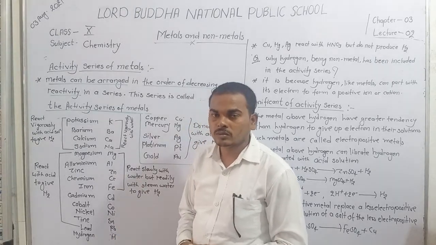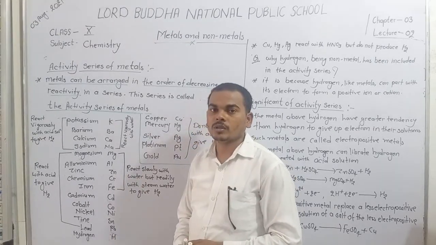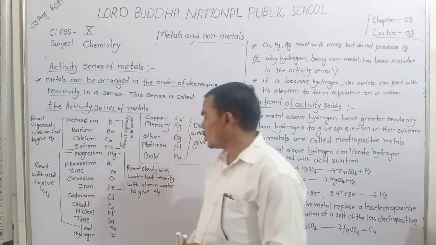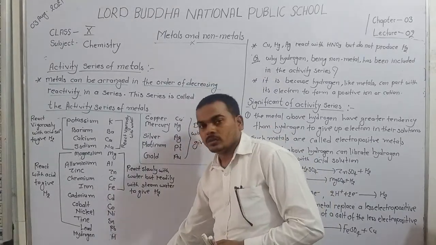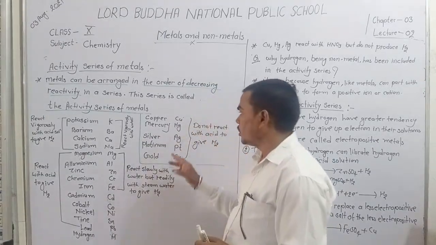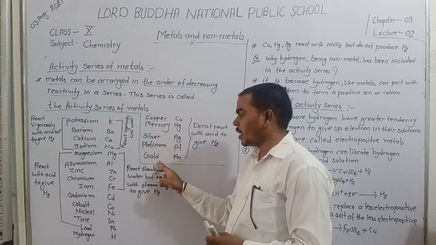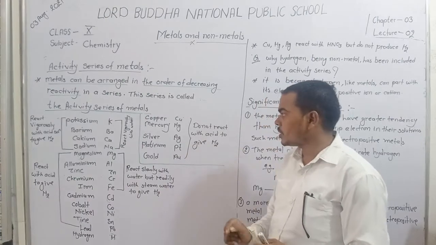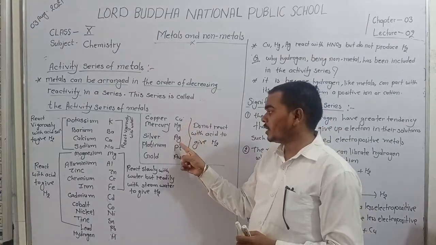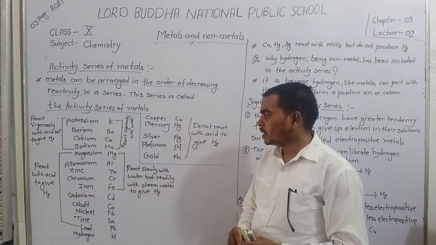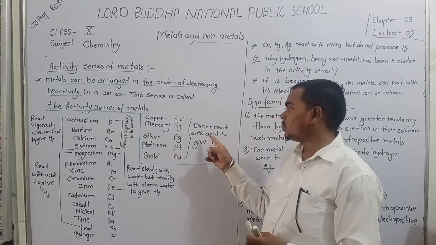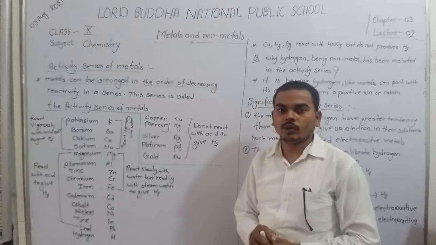Here hydrogen is a non-metal. Dear student, below the hydrogen are placed copper, mercury, silver, platinum and gold. These metals do not react with acid to give hydrogen gas.